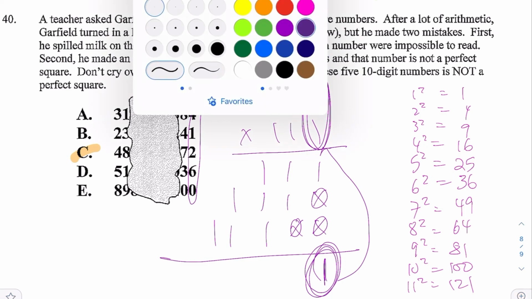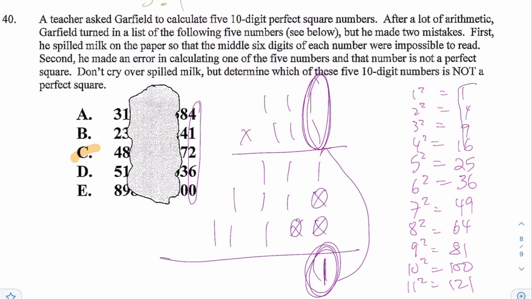The ones digit can only be on this list. So it could be 0, 1, 5, 9, 4, or 6.